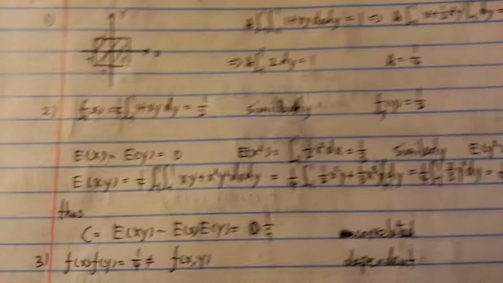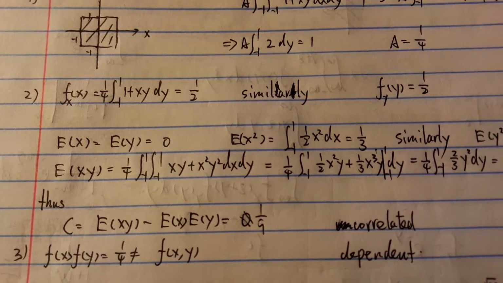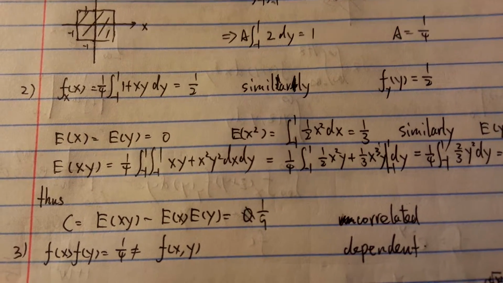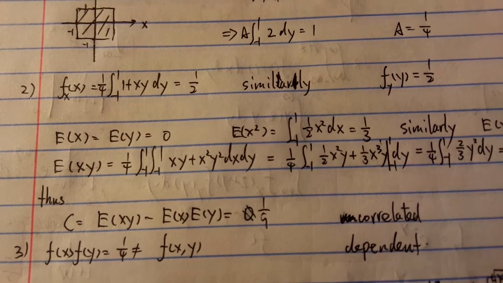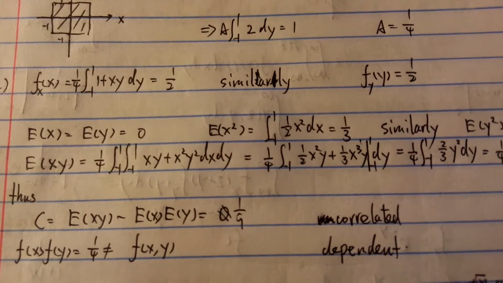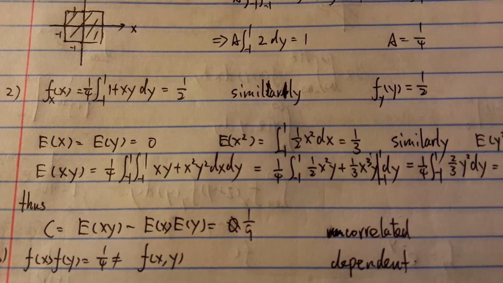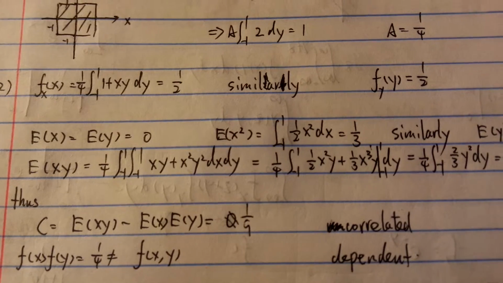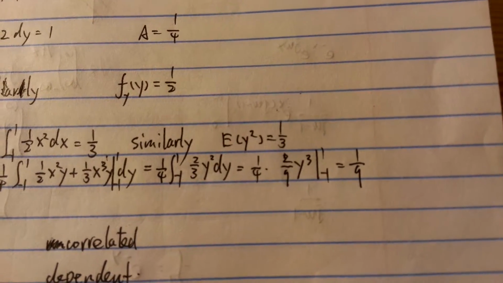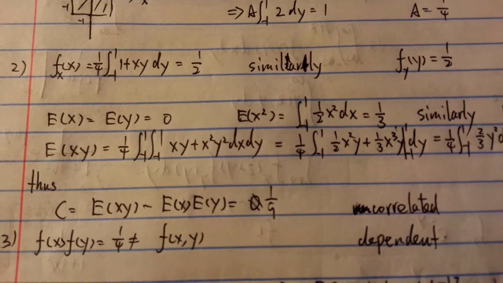Both of them are 1 over 3. And also we need to find out the expectation of x times y. What we need to do is to integrate over the x and y region xy times fxy, and what we get is just 1 over 9.